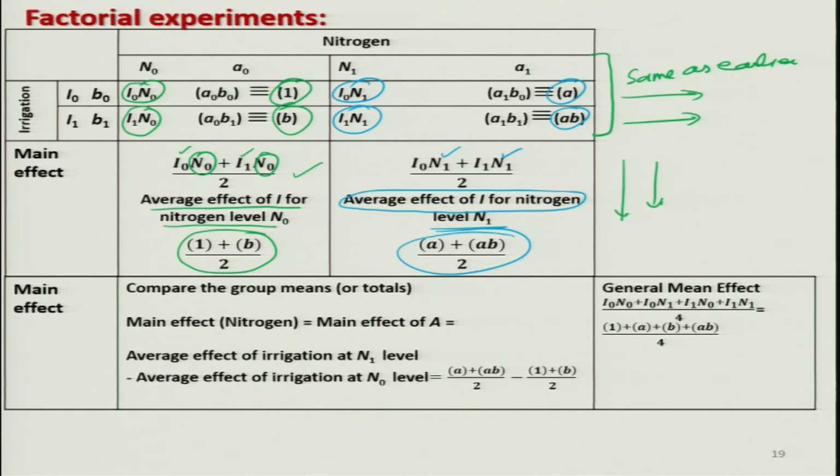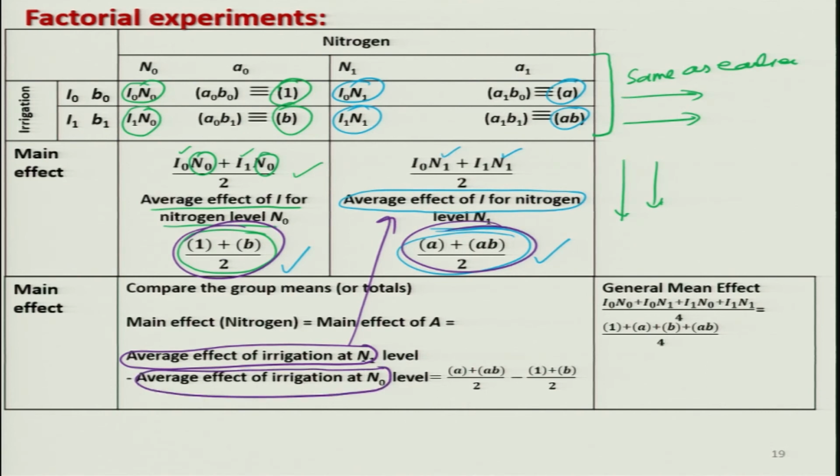So, now if you compare these 2 means, what do you observe here? If you take their difference, this will be the average effect of irrigation at nitrogen level N1 minus the average effect of irrigation at nitrogen level N0.